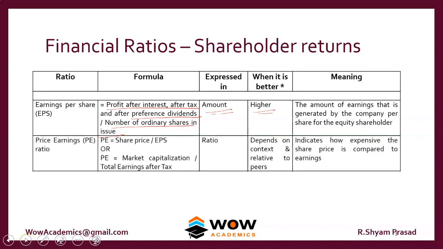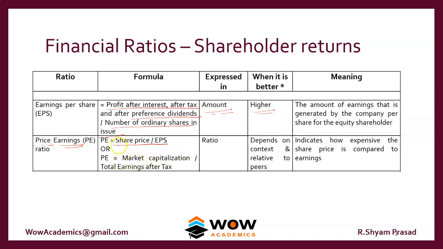So the next ratio is the PE ratio. The PE ratio is computed only after we compute the EPS. It works like this: the P refers to the current market price of the company, and the E refers to the earnings per share. So it can work as a per share valuation or as a total value.